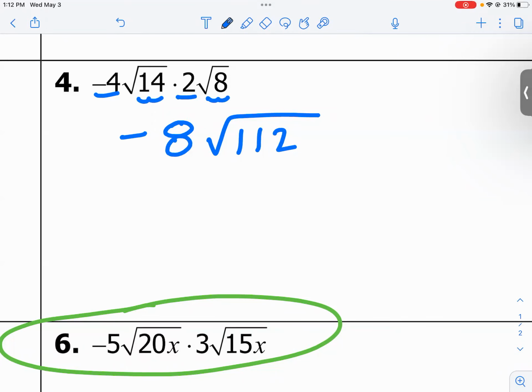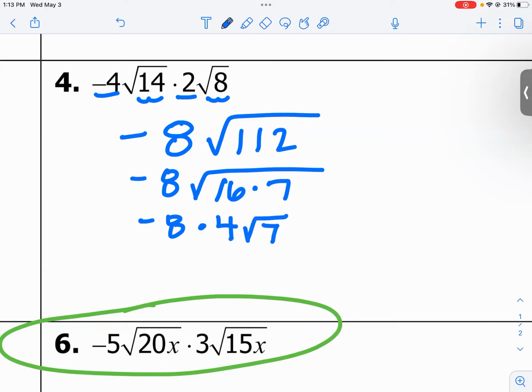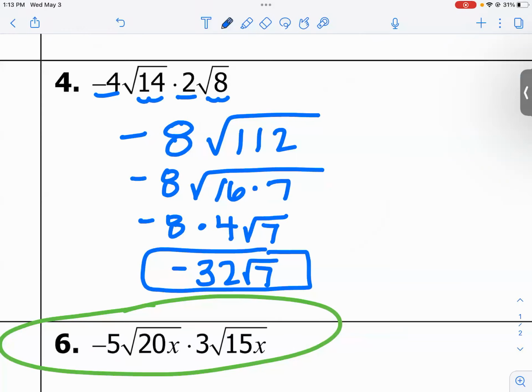Okay, next step. We multiply 8 and 4. And then we got 32 radical 7. Any questions for the blue group? Thank you, blue group.